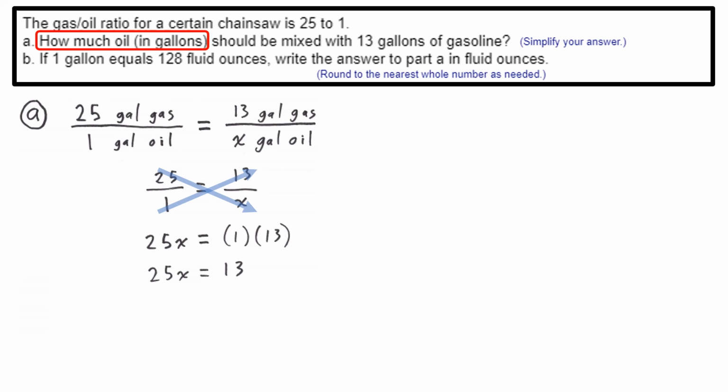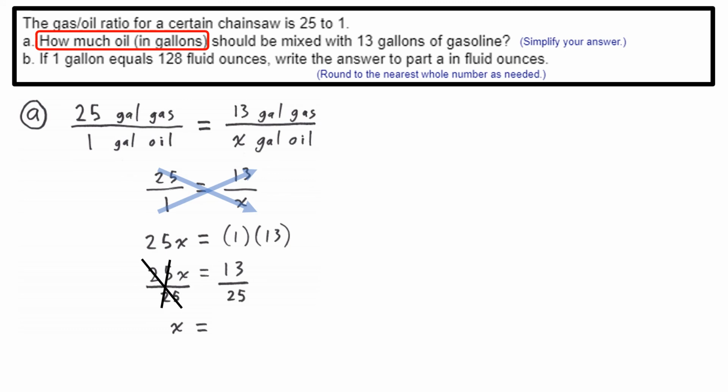Now we want to get X by itself by dividing both sides by the coefficient of X, which is 25. The 25s will cancel on the left, leaving us only the X. On the right side, we want to simplify by using our calculator. We'll divide the top by the bottom.